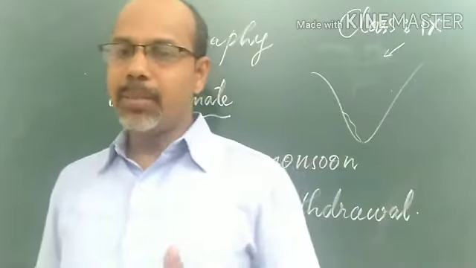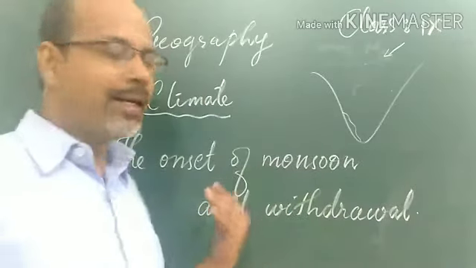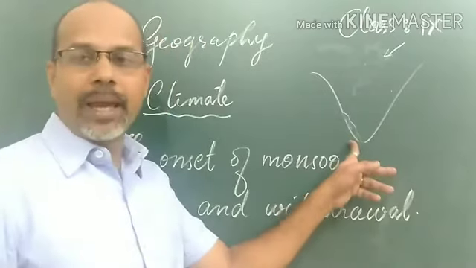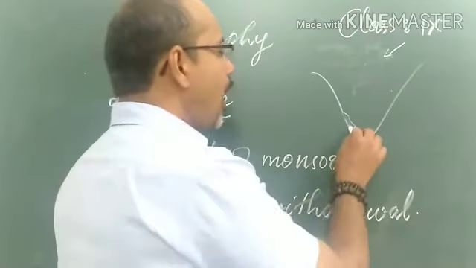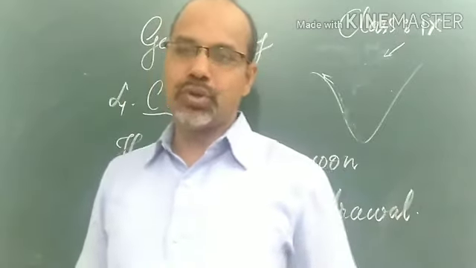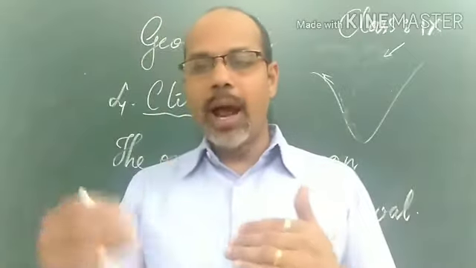The Arabian Sea branch reaches Mumbai about 10 days later, approximately 10th June. The onset of the monsoon starts from the Kerala coast on the 1st of June and reaches the Mumbai coast by the 10th of June. It takes approximately 10 days, so this is fairly rapid in advance.